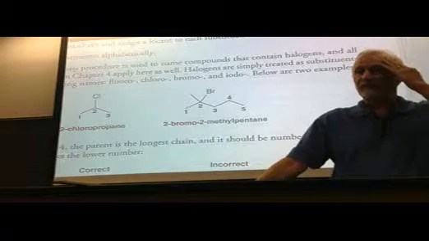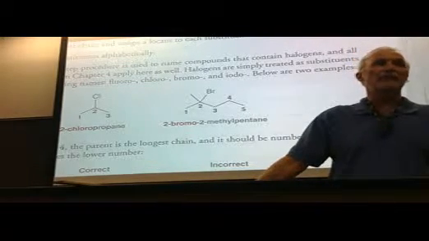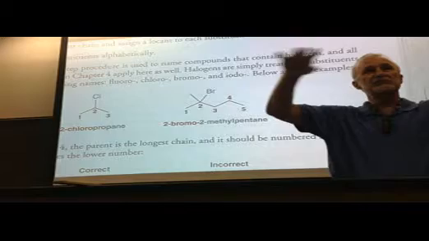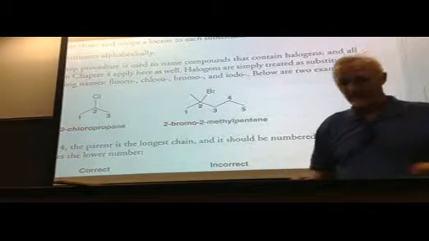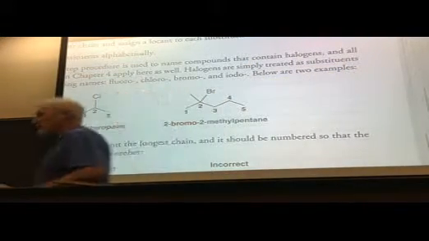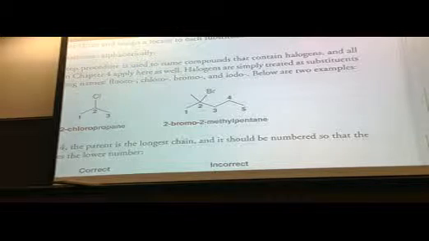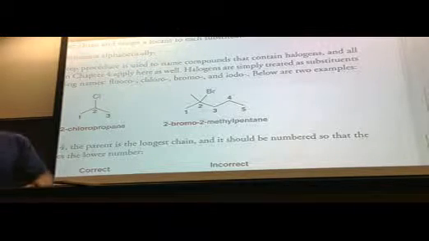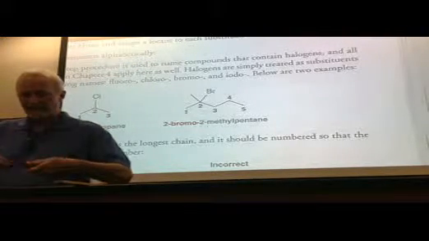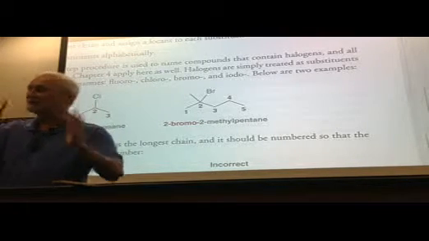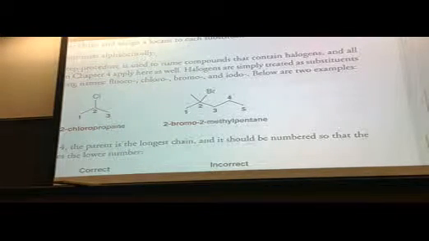Now, besides having methyl groups or ethyl groups or propyl groups hanging out from the main chain, you're going to have a halogen. Okay? And make sure when you do the numbering that basically the trick is whatever end of the molecule has more groups, that's what you want to start as carbon number 1.